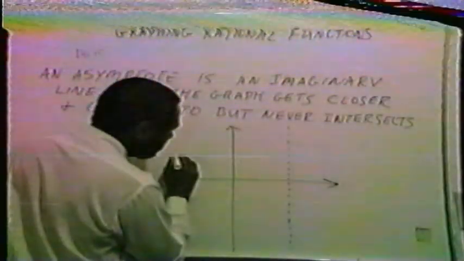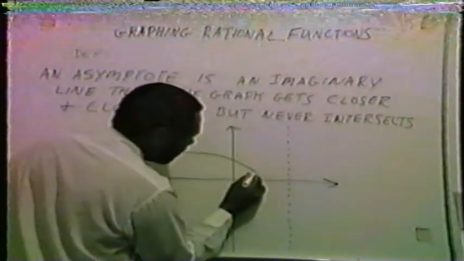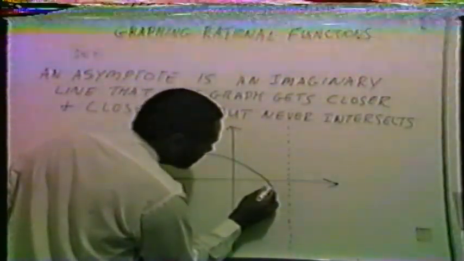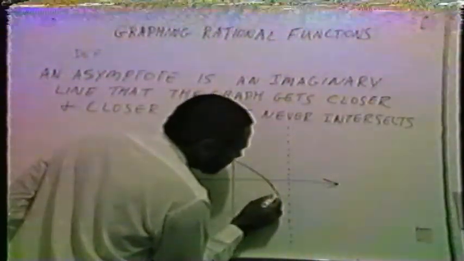So I have this function coming across here like this. It's getting closer and closer to that imaginary line. You see how it's getting closer and closer? As we go to the right, it keeps on getting closer.